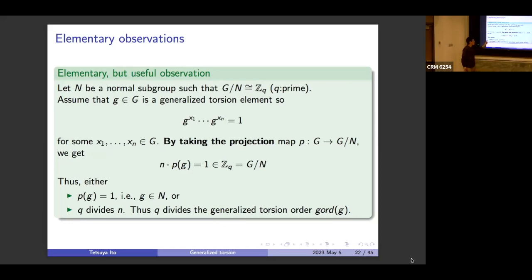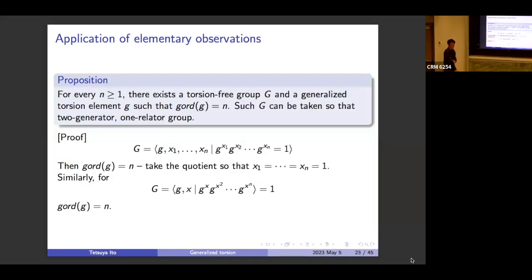So by taking a quotient, and if we take some kind of good quotient, we get that the generalized torsion element should lie in a smaller normal subgroup, or some non-trivial information about its order. This is, of course, an elementary observation, but it has some useful applications. For every integer n, there exists a torsion-free group and a generalized torsion element such that the generalized torsion order is n.